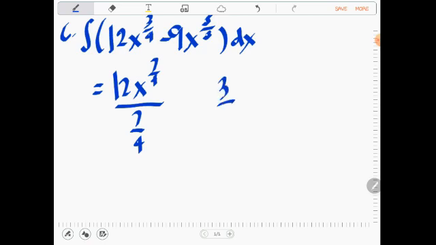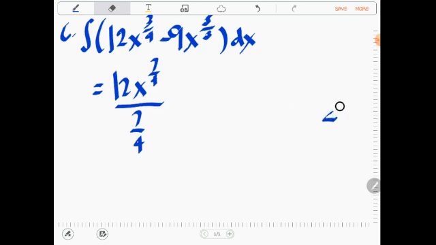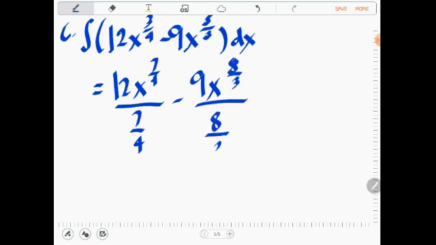Kasi we have 3/4 plus 4/4. Itong 4/4 ay just equals to 1. So, this would be equals to copy the denominator and add the numerator. So, 7 over 4. Okay? So, after that, yung isa naman, so this would be equals to negative 9x raised to 8 over 3 all over 8 over 3 plus the arbitrary constant c.